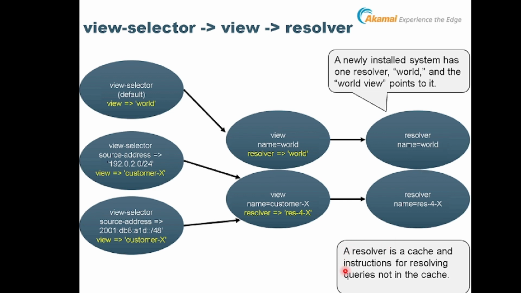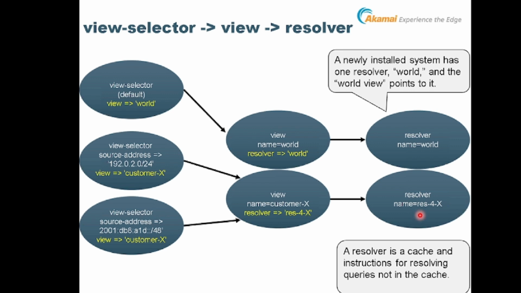And down here on the bottom, this is what I want you to remember. A resolver is a cache, and the instructions for resolving anything that is not discovered in the cache. So that's what a resolver is, and I'll repeat this multiple times so that we get it through our heads that a resolver is a cache and all of the instructions for resolving things that are not in the cache.